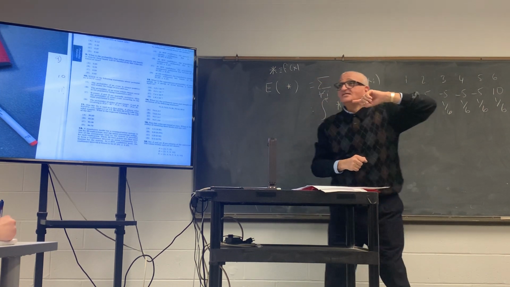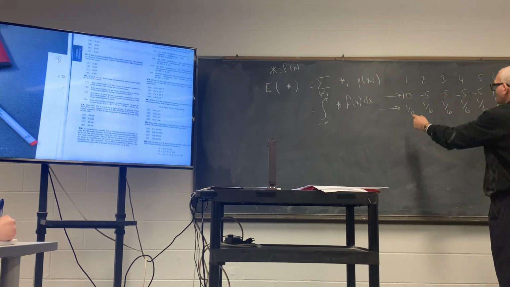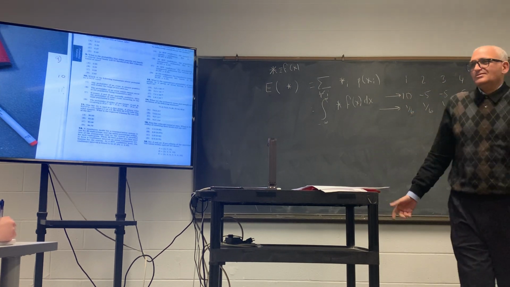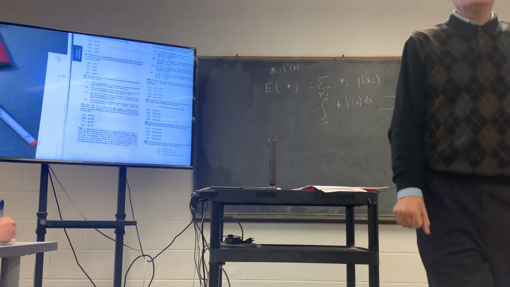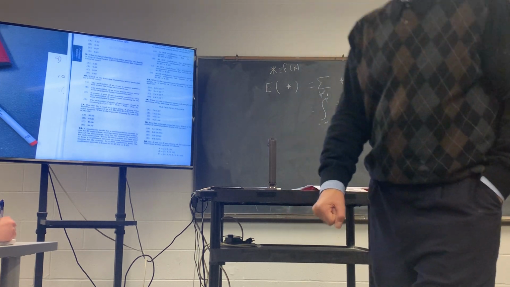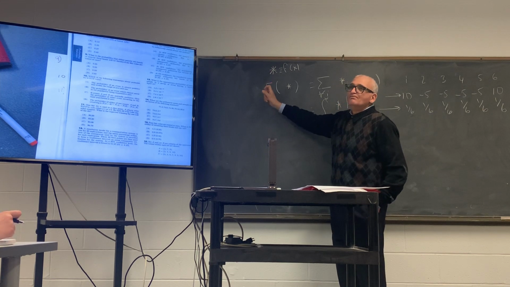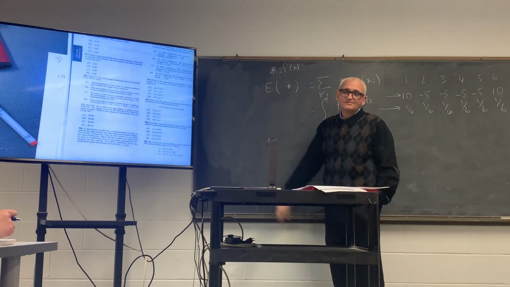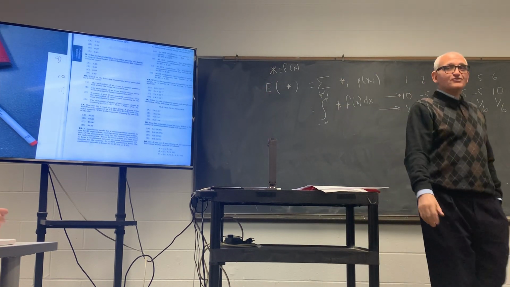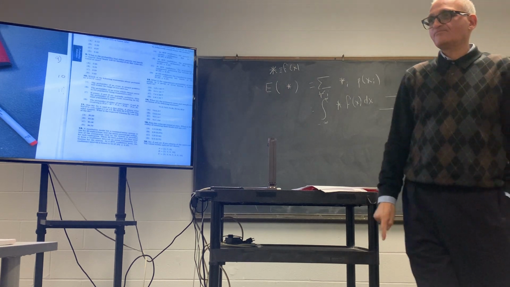But then we divide by the total weight. Guess what? The total weight will always be 1, so you don't need to divide by anything. The funny thing is that the mean is called the first moment about the origin.